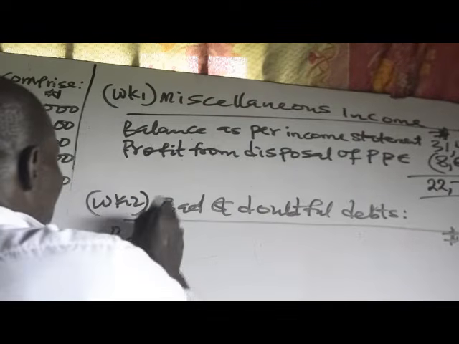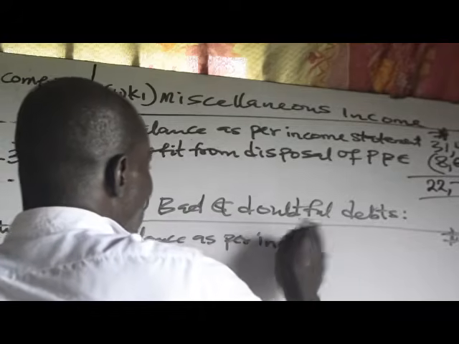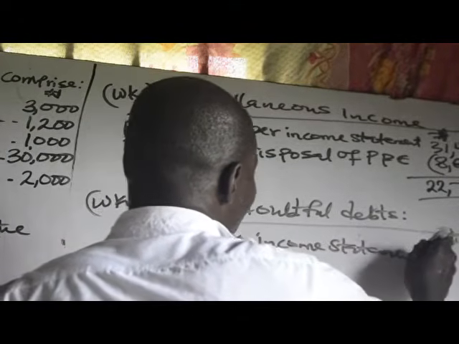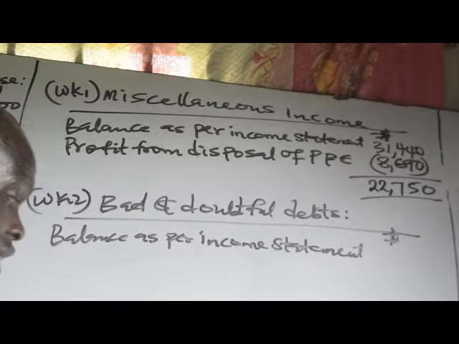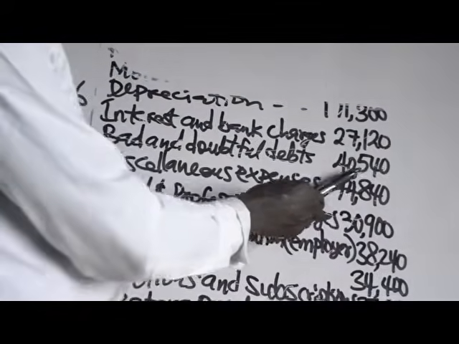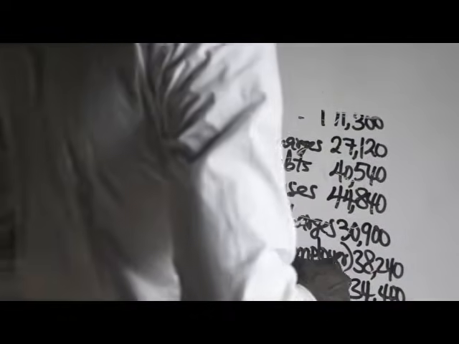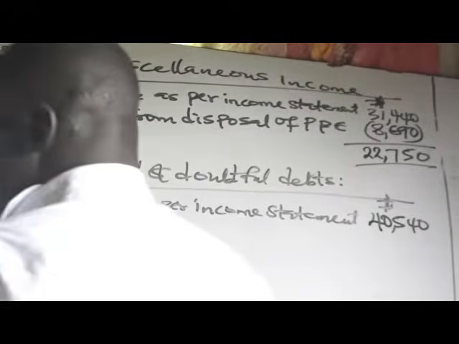Balance as per income statement. The bad and doubtful debt as per income statement is 40,540. That is the total. Now let's go through the note.